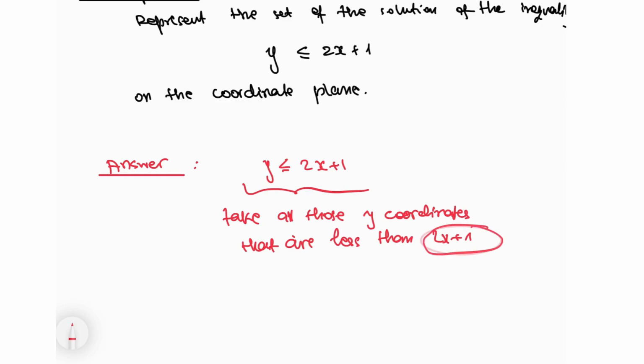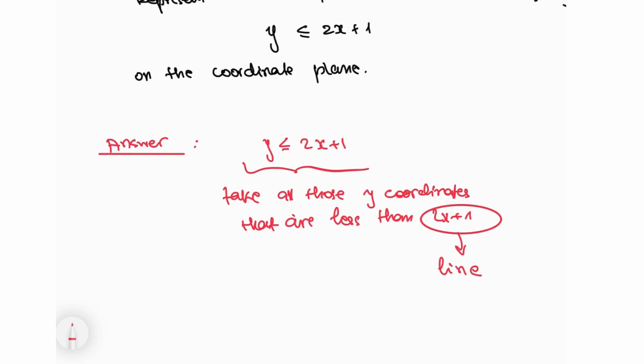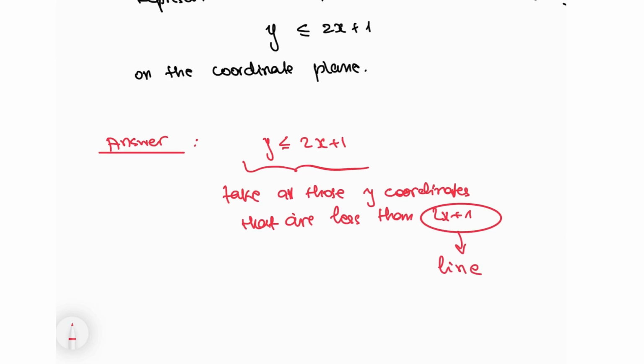Now what is 2x plus 1 geometrically? That is a line. So whatever the y coordinate is, it has to be, so to say, below the line 2x plus 1. So this suggests a strategy: first, to draw the line 2x plus 1 on the coordinate plane.